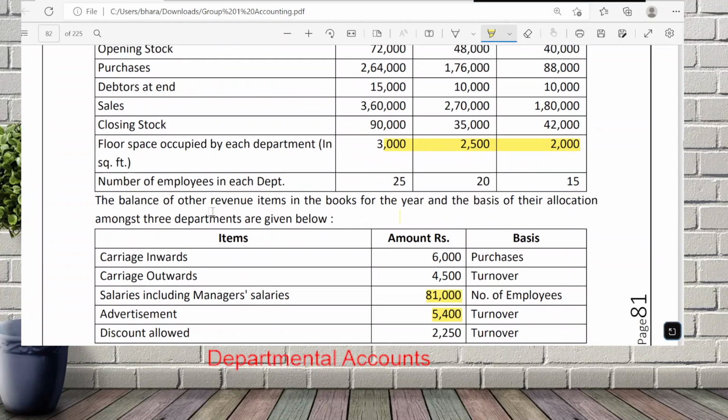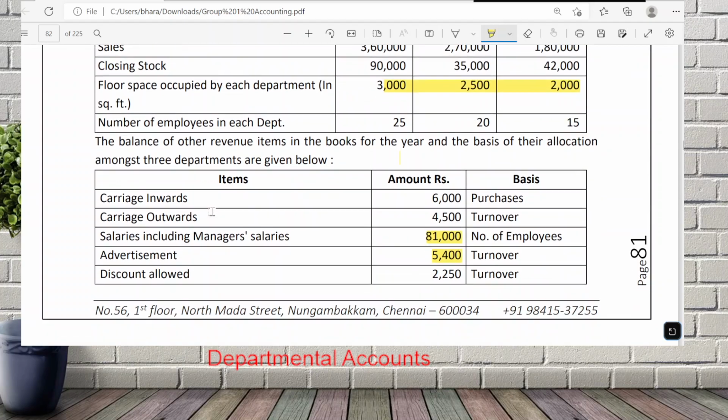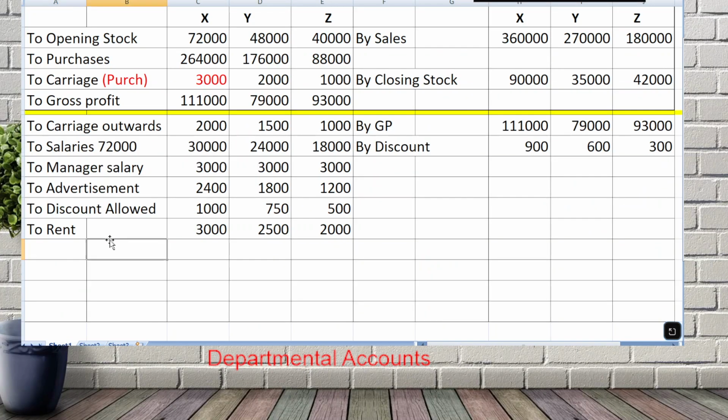What is the next one? Depreciation equal. 1,500 equal, so 500, 500 and 500.